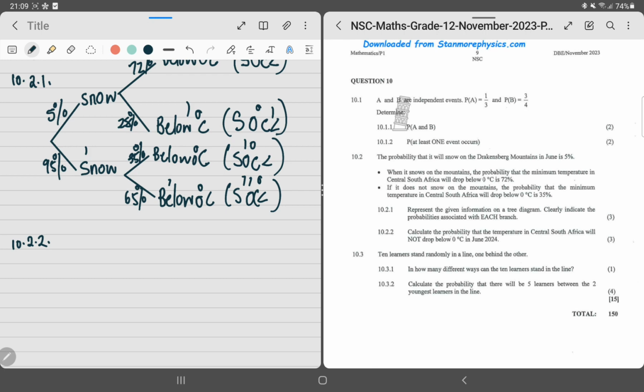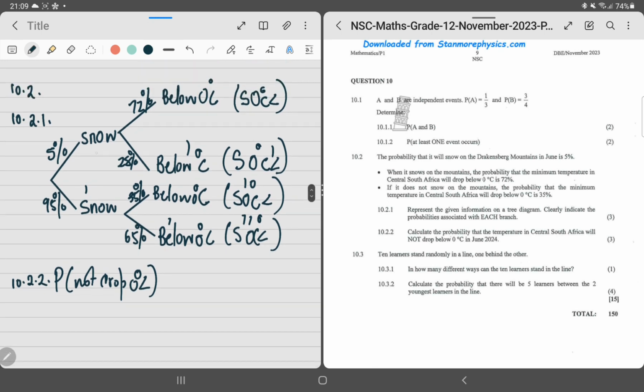Calculate the probability that the temperature in Central South Africa will not drop. So we need to find the probability that the temperature will not drop below 0.